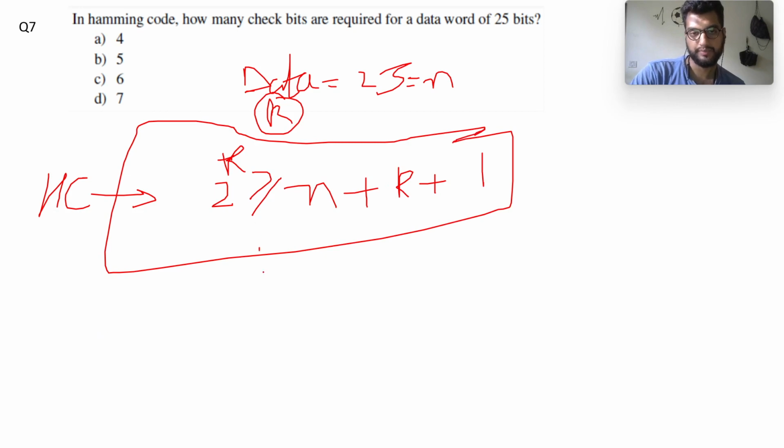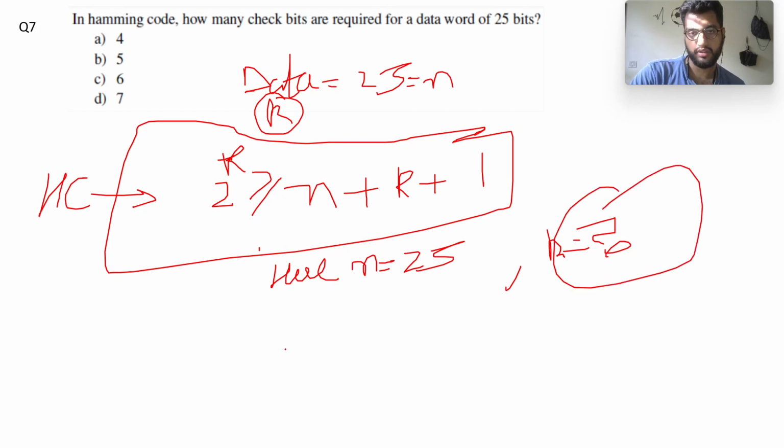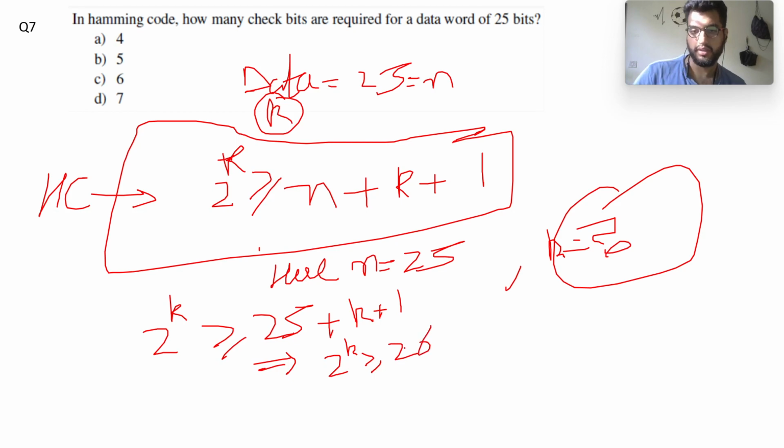So here n is equal to 25, and k we need to find out. So 2 raised to the power k should be greater than or equal to 25 plus k plus 1. That implies 2 raised to the power k should be greater than or equal to 26 plus k.